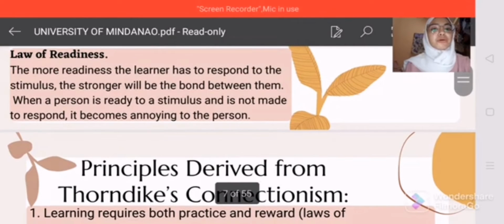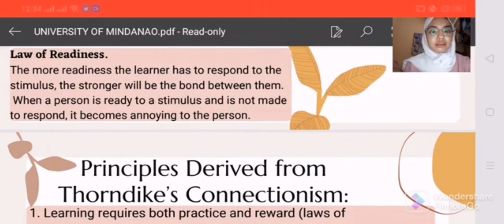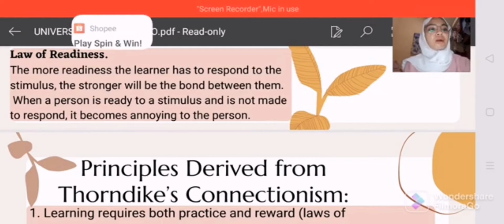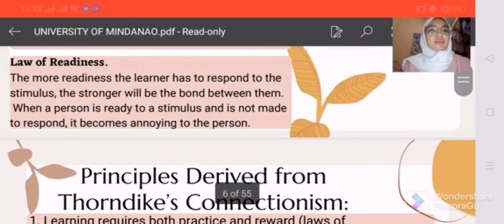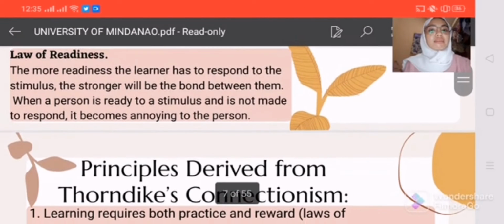Dapat ihanda mo yung estudyante, kasi kapag ang reinforcer bigla mo tinanggal, nasanay ang estudyante na may reward, tapos bigla mo na-pull out yung reward, hindi sila magiging ready.